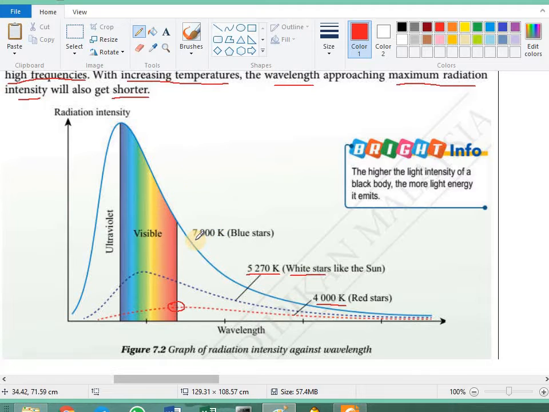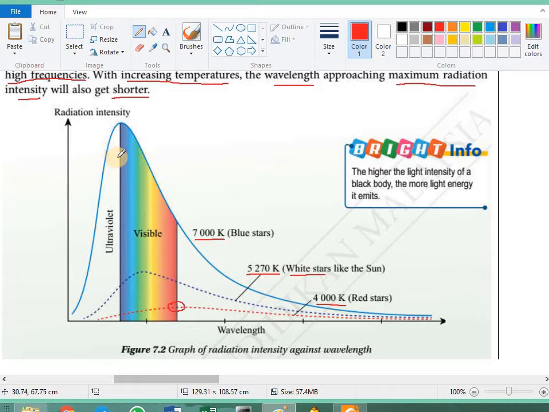And if the temperature is even higher, 7,000 Kelvin, then a lot of the energy will be able to go to particles that oscillate at higher frequency. So you can see that the radiation intensity for blue light, violet and ultraviolet frequency will be more, but it is still the same.